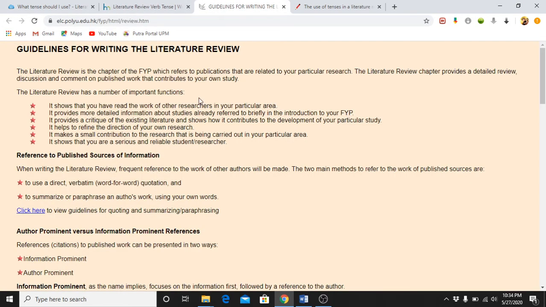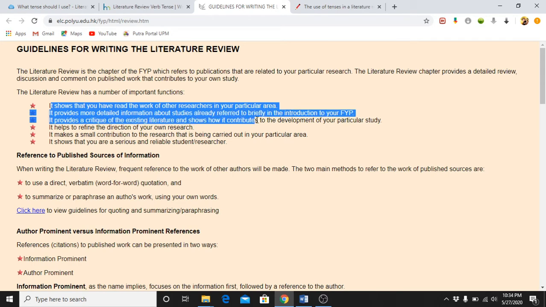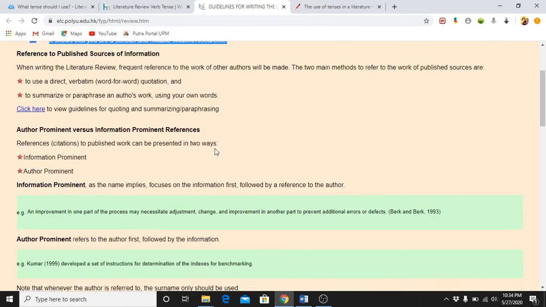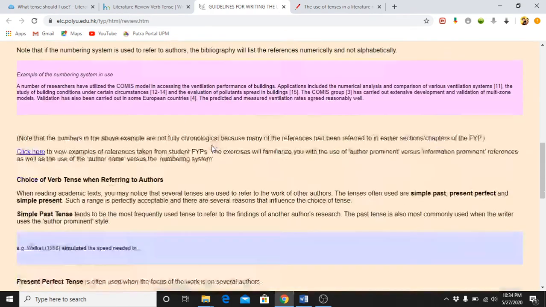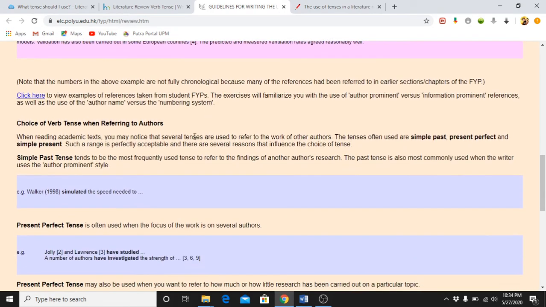The third website says that a literature review has a number of important functions. It shows the work that you read, more detailed information about the study, and so on. So here, the same things that they said about the choice of verb tense when referring to authors.